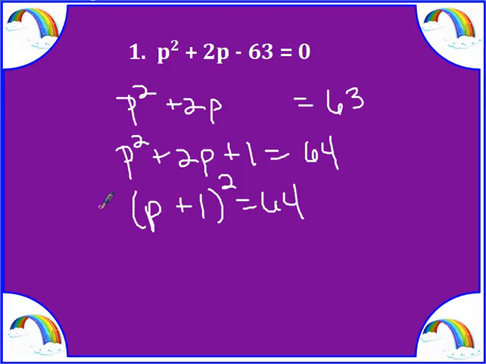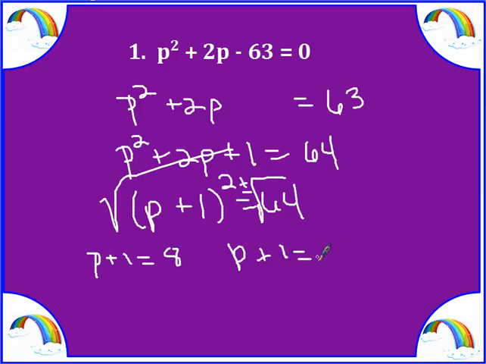We're going to take the square root of both sides, so we get p plus 1 equals 8, and p plus 1 equals -8. We're going to solve, and for our two roots, we subtract 1 from 8 to get 7. We subtract 1 from -8, that gives us -9. So there you go, completing the square to find your solution to your quadratic.